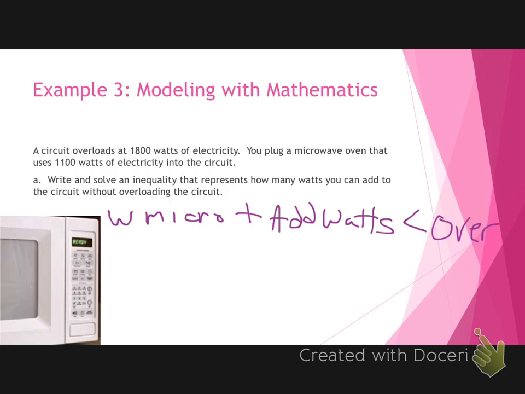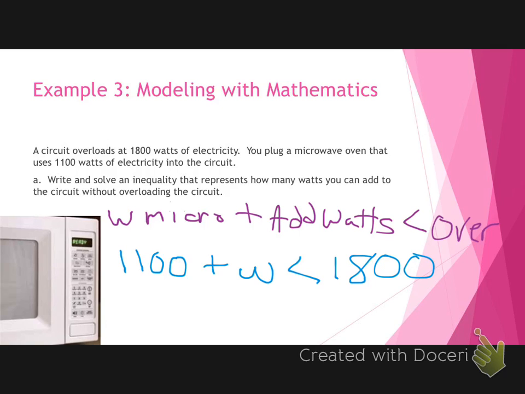Okay, now that we've got that figured out, we can just write that out. We're just going to have W be the added watts. So the microwave uses 1100. The added watts, we'll say, is W, has to be less than the 1800 that the circuit overloads on. So now we have our equation.